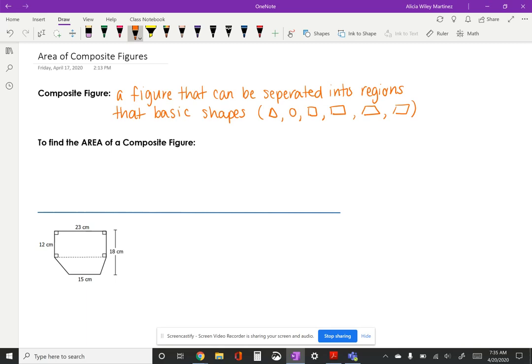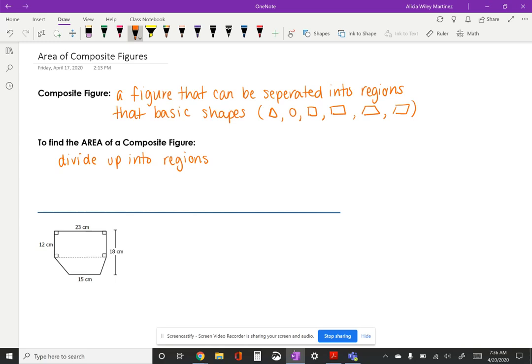To find the area of a composite figure, what you're going to do is divide up the regions. So you're going to take that figure and divide it up into regions or shapes that you are familiar with how to find the area of.